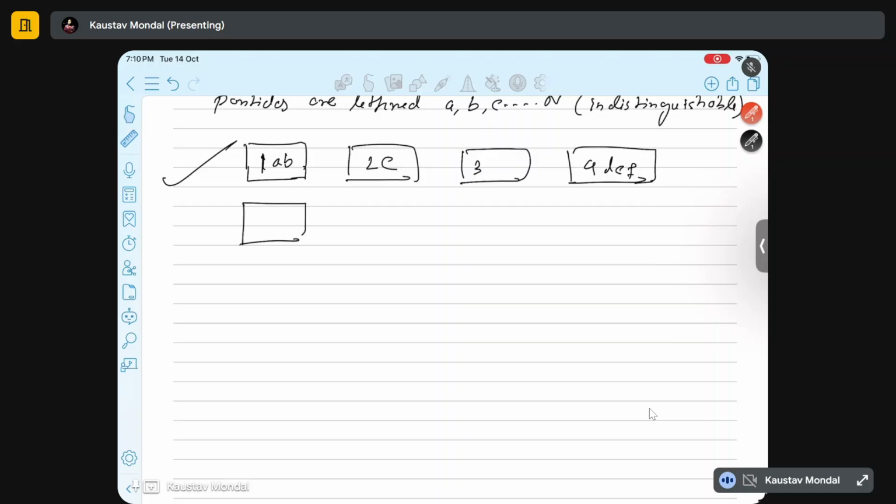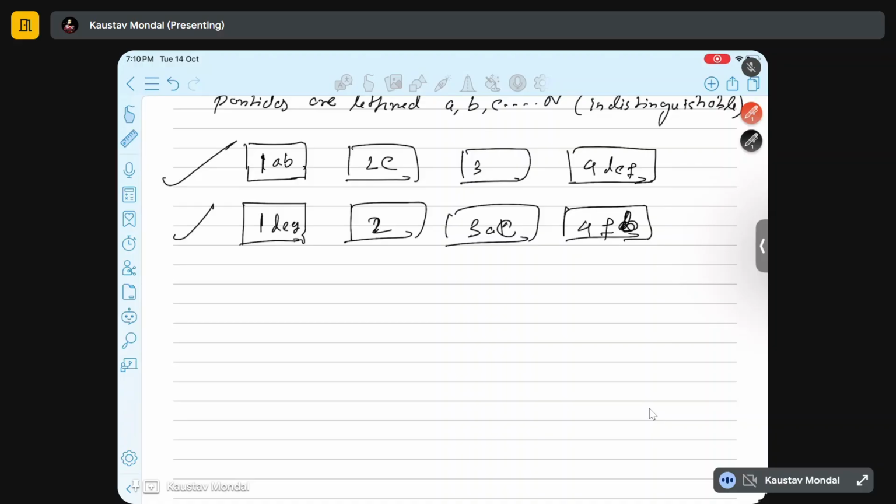Similarly, there can be another microstate like this: 1 has D, G; 2 has nothing; 3 has A, C; 4 has F, B. So this is also a different configuration. Likewise, each of these possible sequences or configurations is known as a microstate.